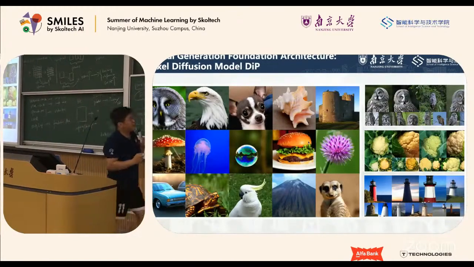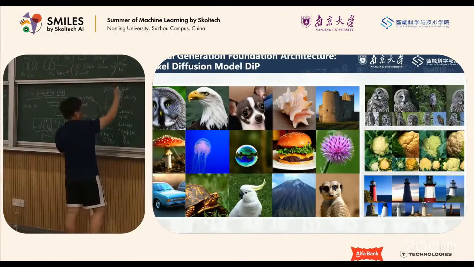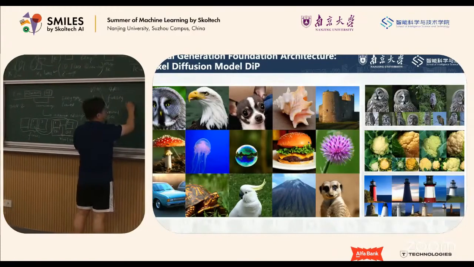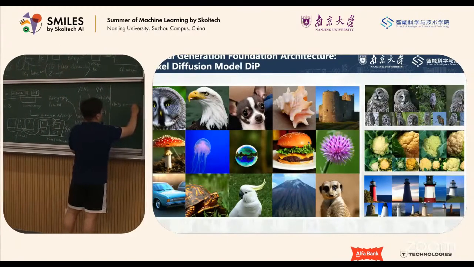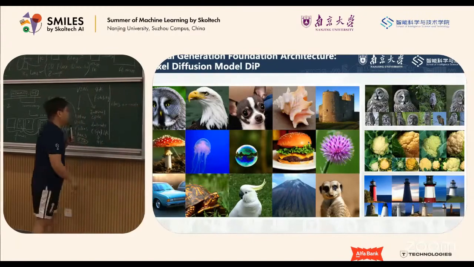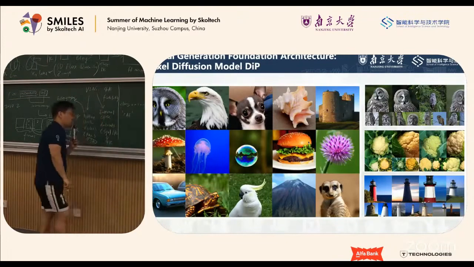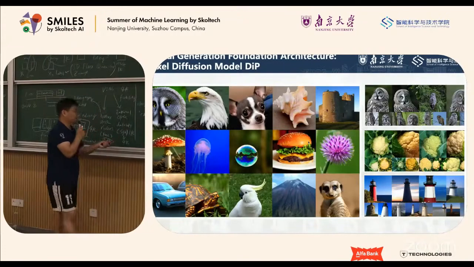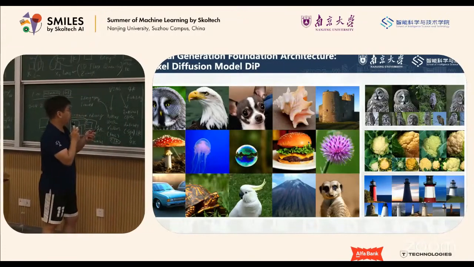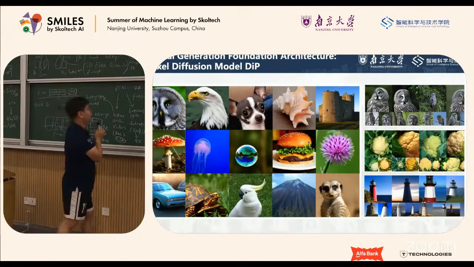Yeah, but in DIP, we actually just implement class to image, which means you input, for example, a cat to the model, and the model will generate, for example, a cat. Where's a cat? No, a dog. For example, a dog.